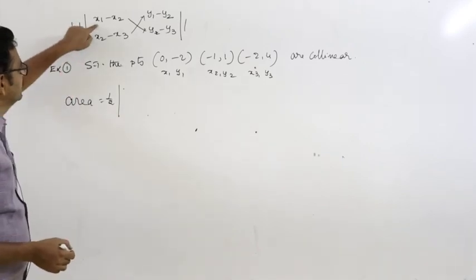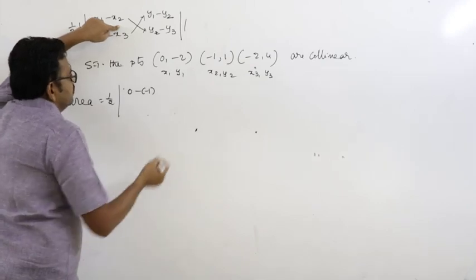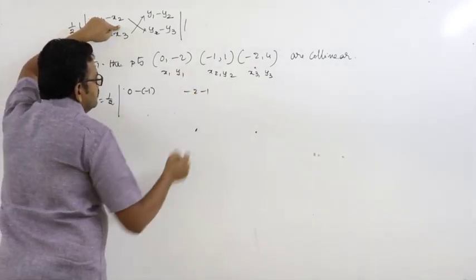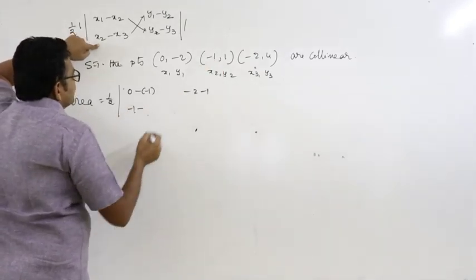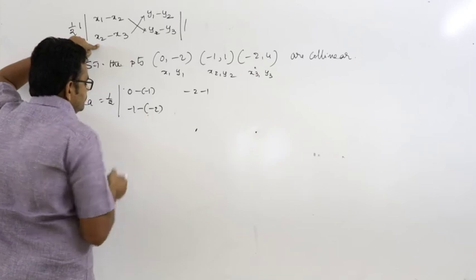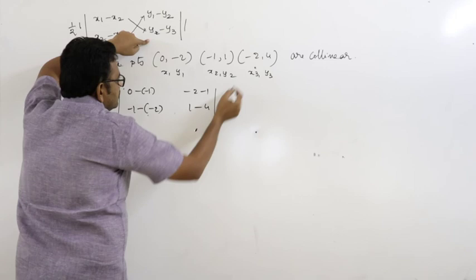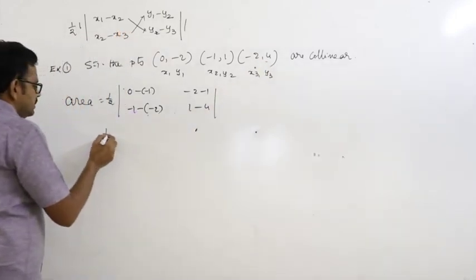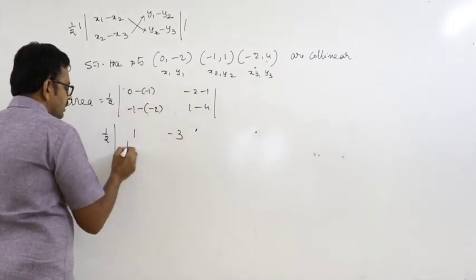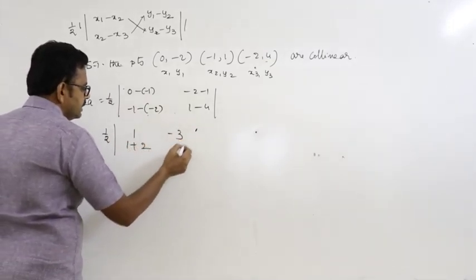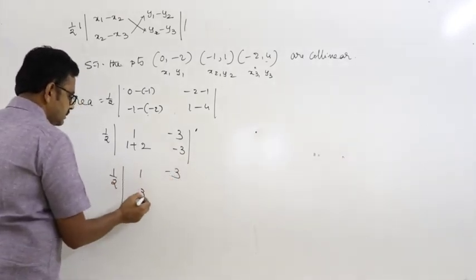See here, x1 minus x2, 0 minus of minus 1, y1 minus y2, minus 2 minus 1, x2 minus x3, minus 1 minus of minus 2, and y2 minus y3, that is 1 minus 4. So that is minus of minus 1, minus 3, 1 plus 2 and minus 3. So half is 1, minus 3, 3.